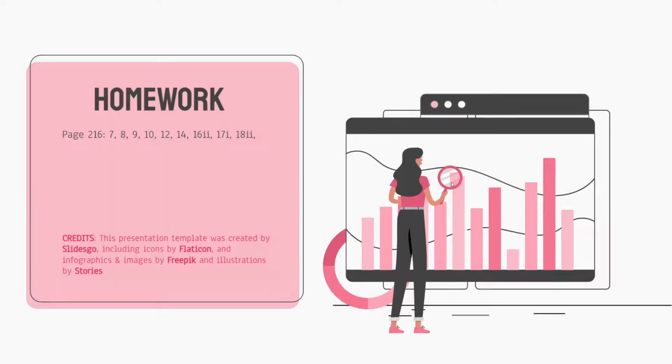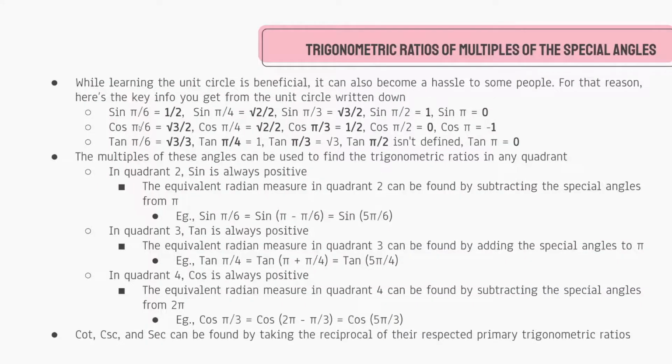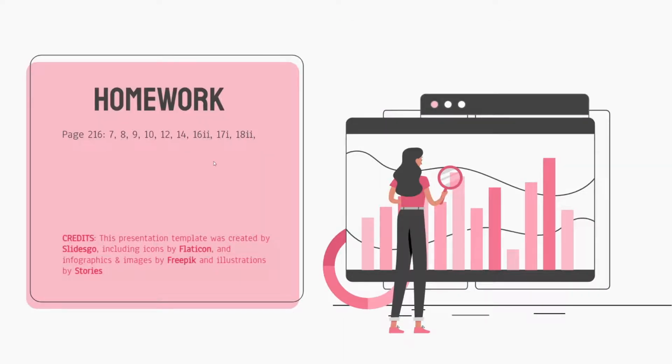So with that being done, this is the homework for today. It's honestly a lot of questions, but the reality of it is, all you're doing is just using these values here to solve various problems. Some of them will be asking you to just simply calculate what those values equal. The other ones will be asking you to solve a word problem.